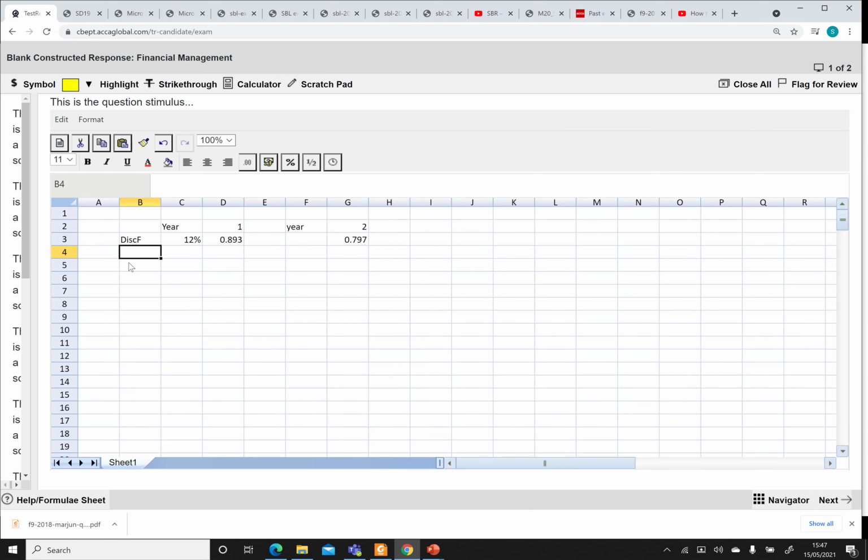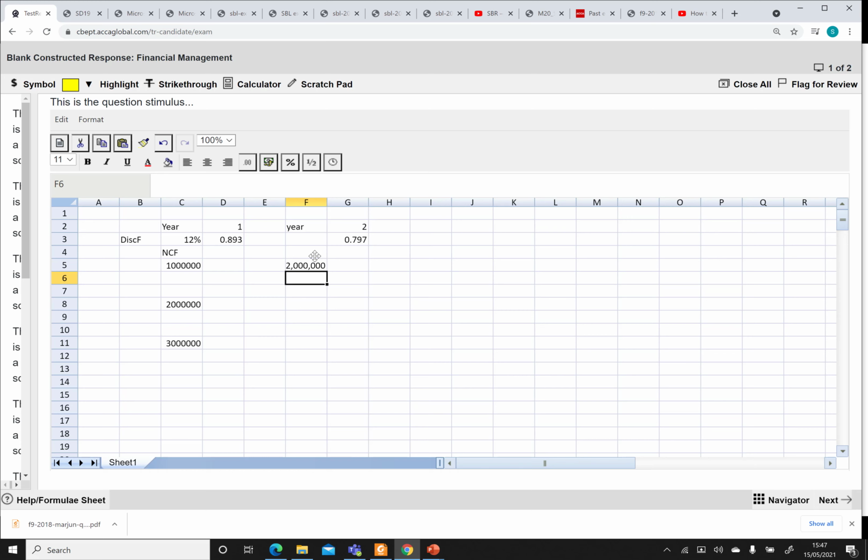What were our three possible outcomes? Okay, so we could have a net cash flow of 1 million. And I've allowed for 3 spaces there. 2 million or 3 million. And in year 2, we could have a 2 million.